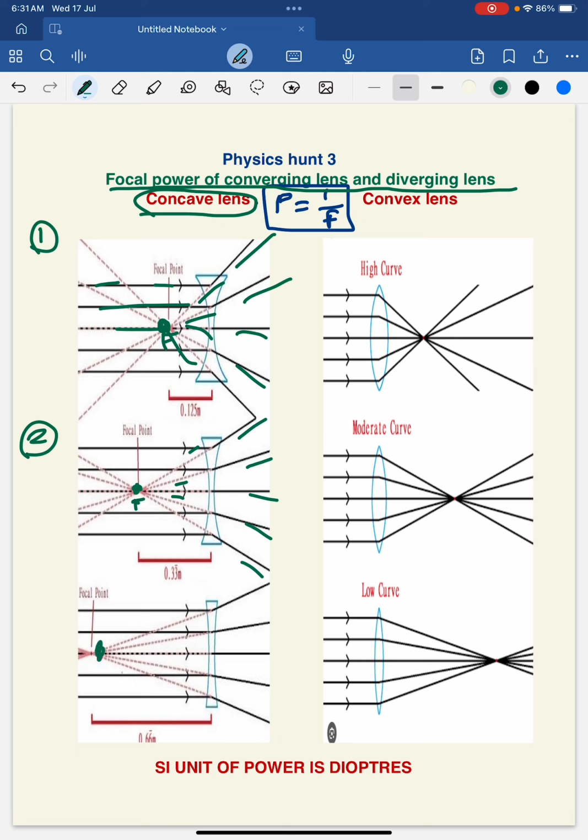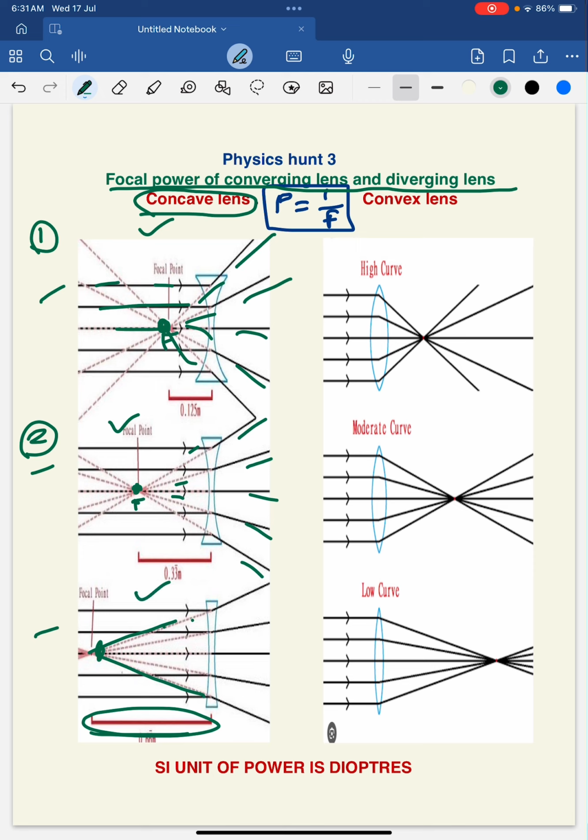Look at the three diagrams here, 1, 2 and 3. Which diagram has the maximum focal length? Third diagram only, no, because after the refraction the refracted rays are meeting at this location as compared to the first diagram and second diagram.